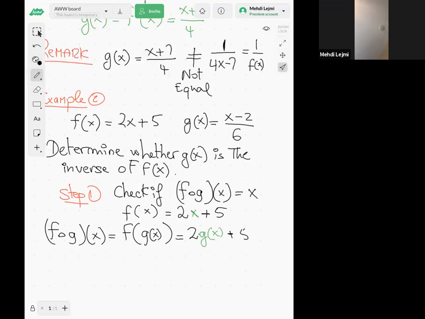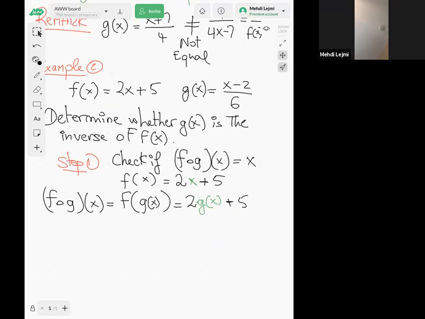So let's compute this. It's 2 times x minus 2 over 6, and then there's this plus 5 here, right?